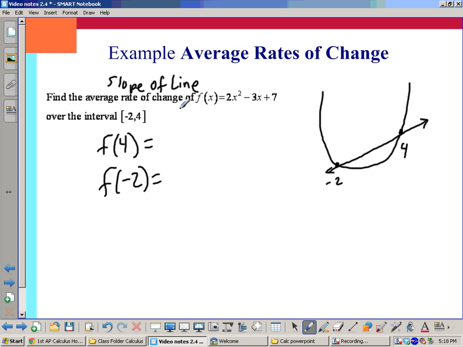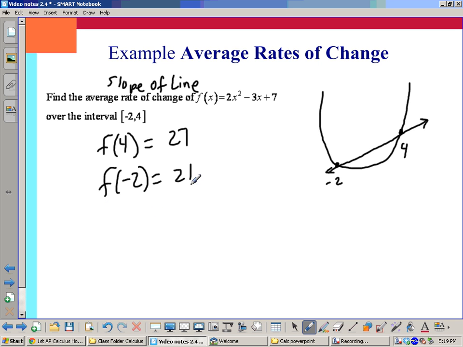So we're just going to simply put 4 into x in this equation. So we will have 2 times 16 minus 12 plus 7, that'll be 27. And then we'll put -2 in, and we'll get 21.